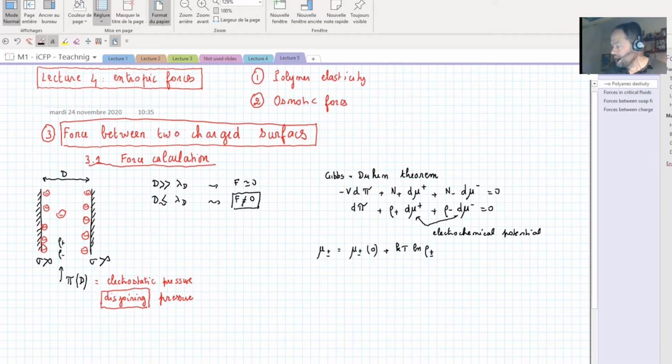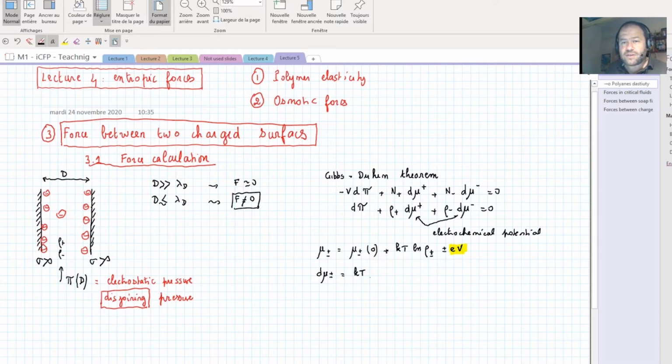So here you have the classical chemical potential for an ideal gas, and you add at the end the electric term, and this is the term which is important in this situation. If you do that, you can easily say that the differential of the chemical potential is, I want to write that in mole, but here you have kT.